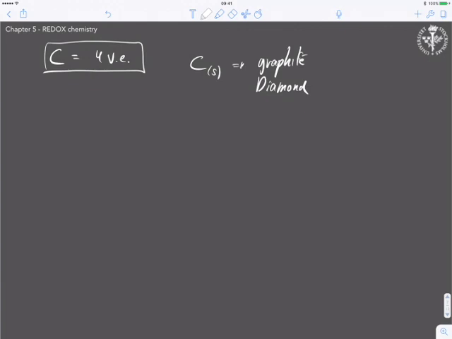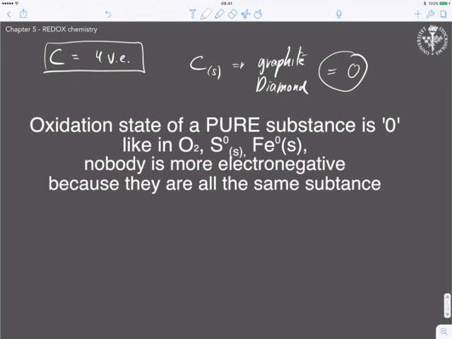The oxidation state of carbon in those 2 elements is 0, because they are single elements, and by definition the oxidation state of carbon in a solid is 0 as pure carbon.